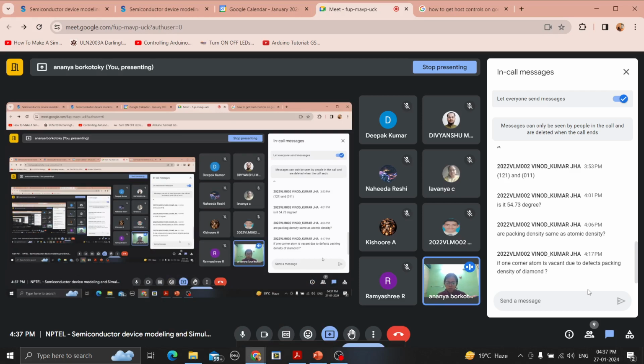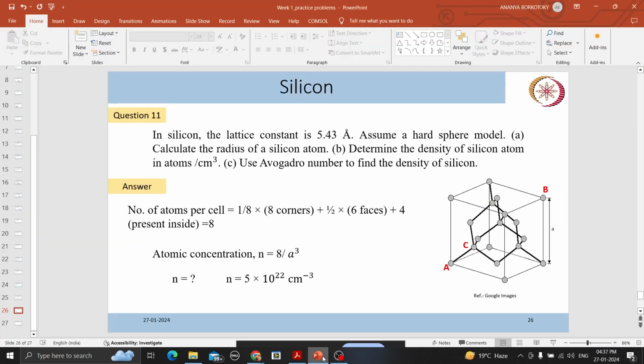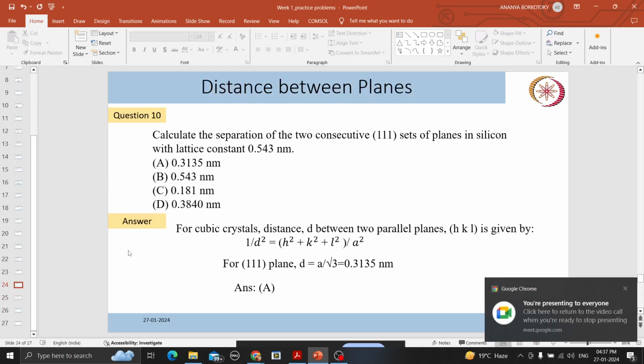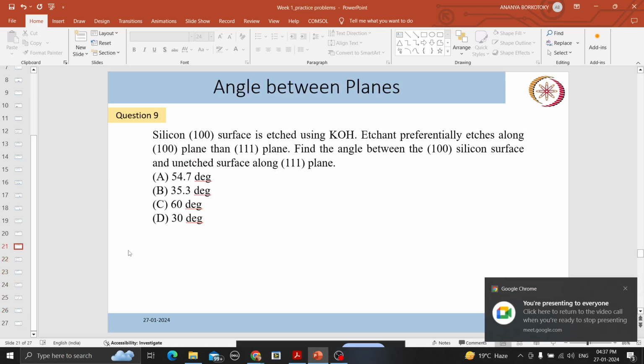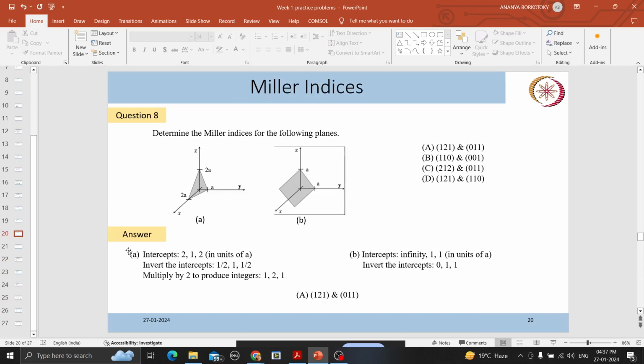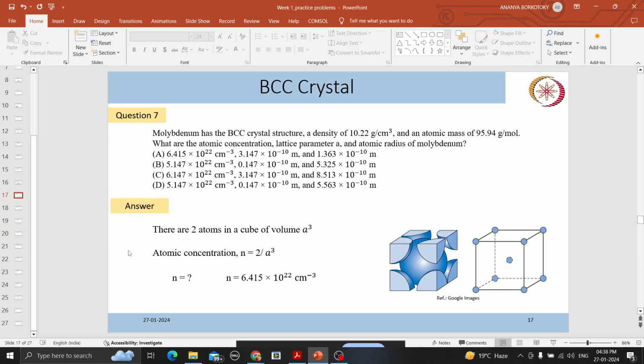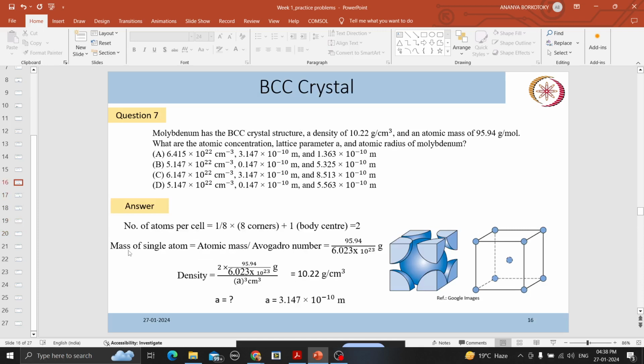You can use this formula, but generally we calculate packing density for the crystal structure, so we don't consider defects. When we consider the whole material, there will obviously be defects and the density will not be exactly the same.